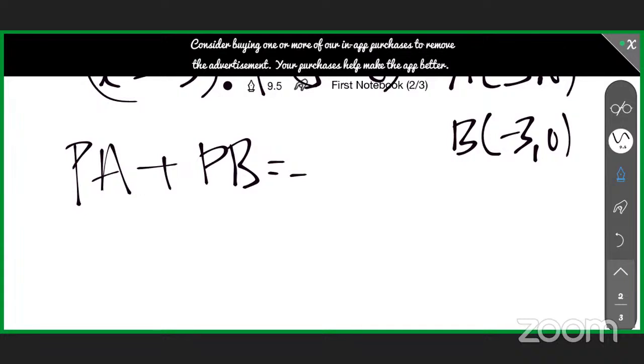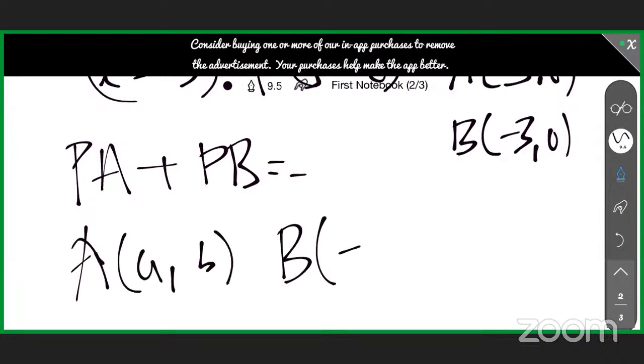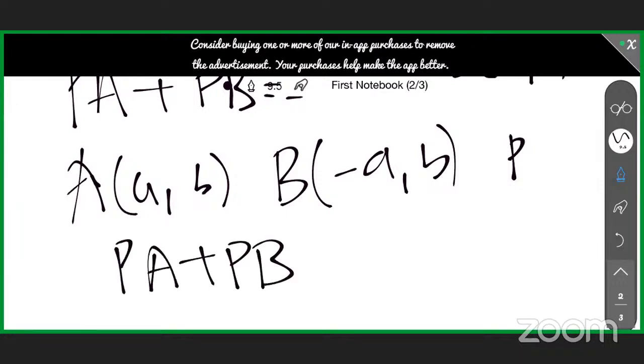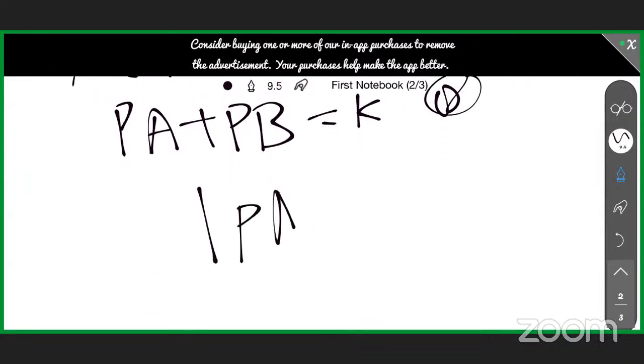That is the concept of: let us say my coordinates are A comma B, and minus A comma B, and P is some locus x comma y, PA plus PB is equal to some constant, or modulus of PA minus PB is equal to some constant.